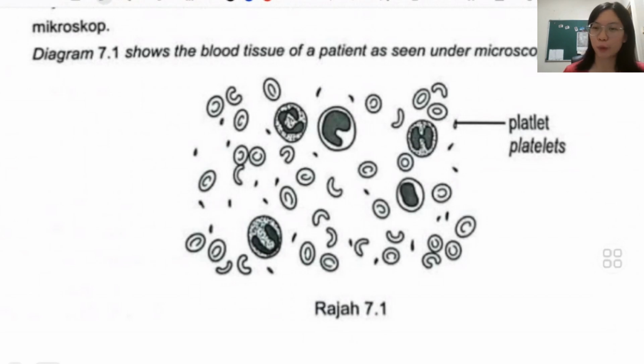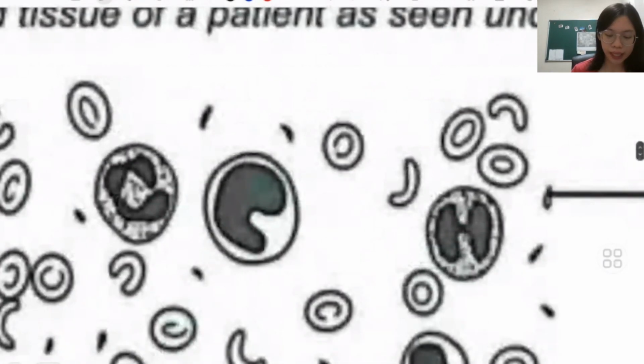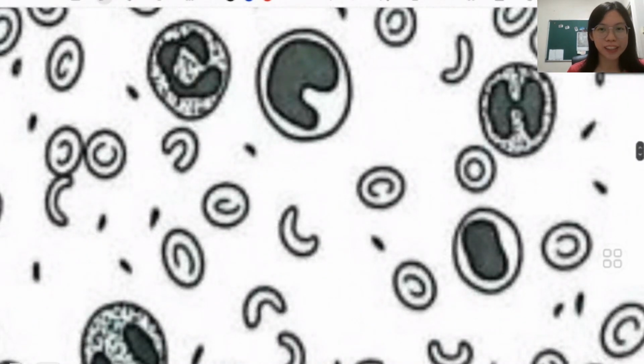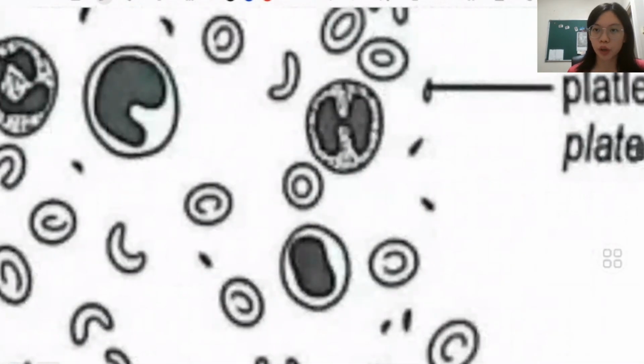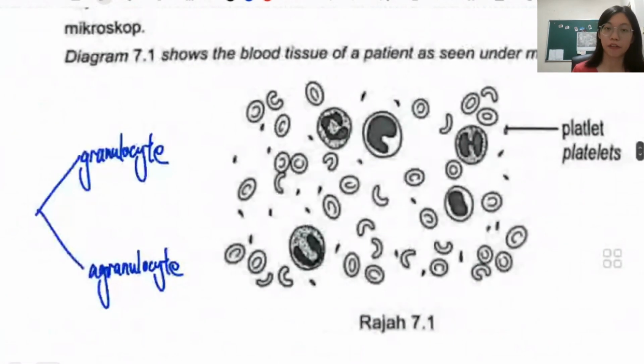And there are so many types of white blood cell we learn in SPM. So how are you going to differentiate them? First, you can see whether the cytoplasm has granules or doesn't have granules. By observing closely, you can see that among these five white blood cells, some of them have granules, some of them don't.